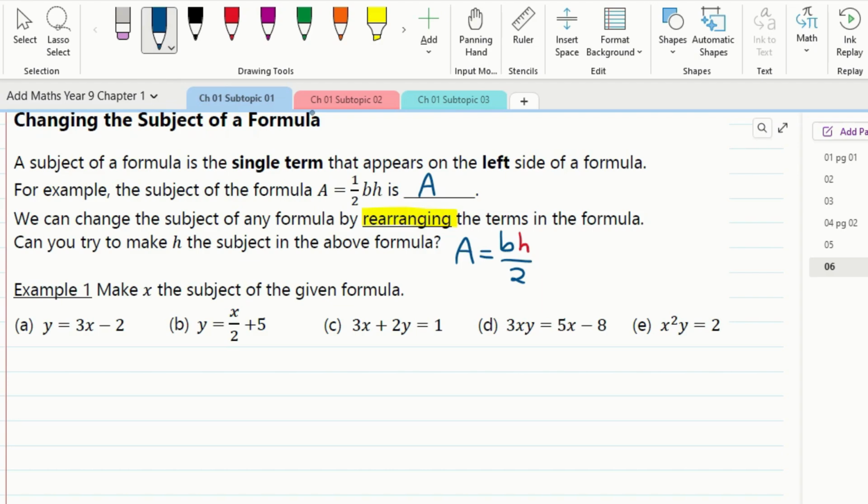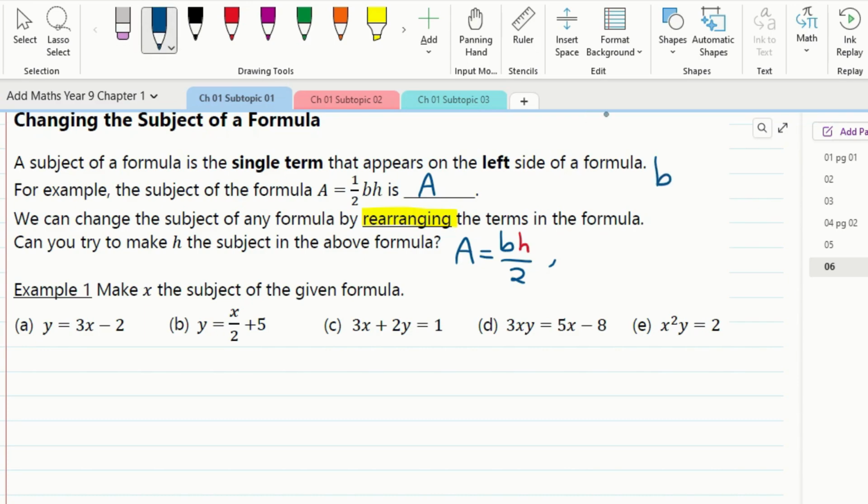So what happens next is that your aim is to get H as the subject. What I usually do is swap the position of the terms. What I mean by swapping is that whatever is on the left side, you move to the right side, and whatever is on the right-hand side, you move to the left-hand side.